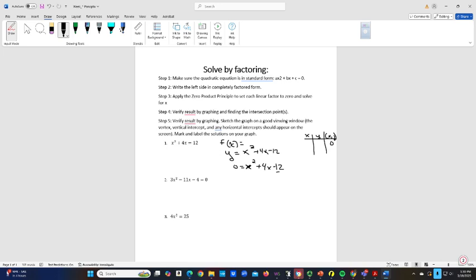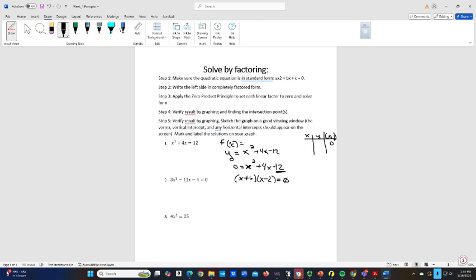So now I just look to my C term, and I have to ask myself, are there factors of negative 12 that will give me a positive 4, right? And hopefully you're saying to yourself by now, yeah, 6 and 2. And since the 4 is positive, I know my 6 will be positive. So basically you get x plus 6 and x minus 2 equals 0.